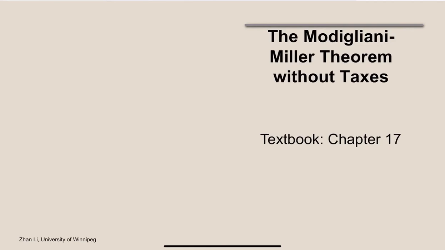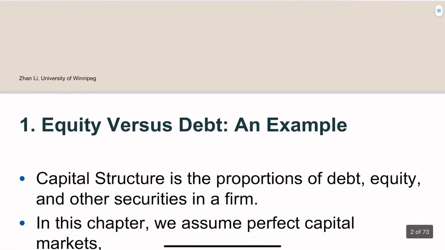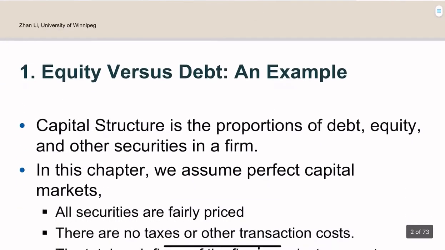We basically want to understand what kind of results we can get if we're living in a perfect world without taxes. And then we will move on to the next chapter to think about more realistic cases. That is, what would happen if our world actually has taxes, right? So let's first start with this simple case.